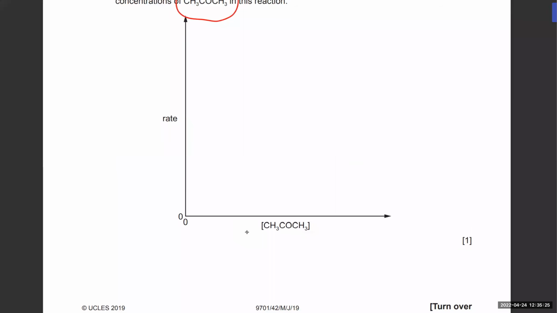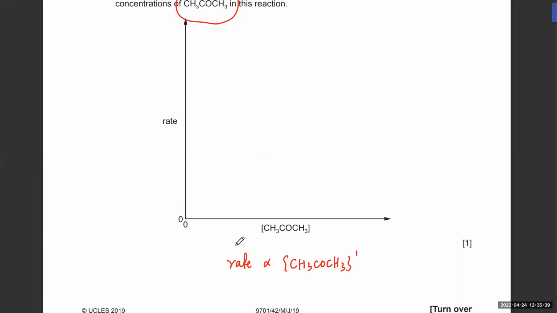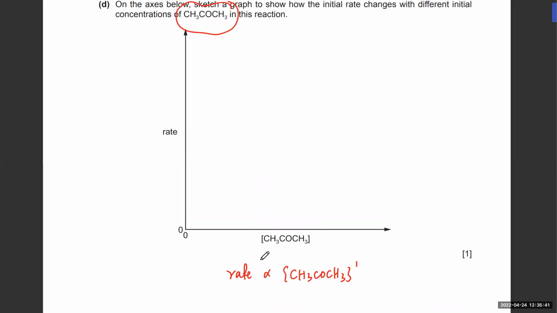So that means the relationship that you're plotting is rate is proportional to CH3COCH3 concentration and the order is 1. Okay, it's a direct proportionality, right? So what kind of graph do you get for a directly proportional relationship? Straight line. Increasing. It's going to be a straight line. Okay, that's what it would look like.